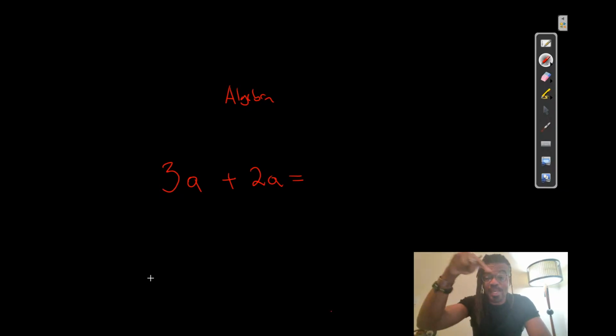So in algebra, we're going to find ourselves doing the same thing. Now, when I think about algebra, though, I don't think of it how people probably think of it. So hopefully this can help everybody to understand it. If we have 3a plus 2a, I think of it as I have 3 apples and I'm adding 2 apples. So how many apples am I going to have? 5 apples, right? Yeah?